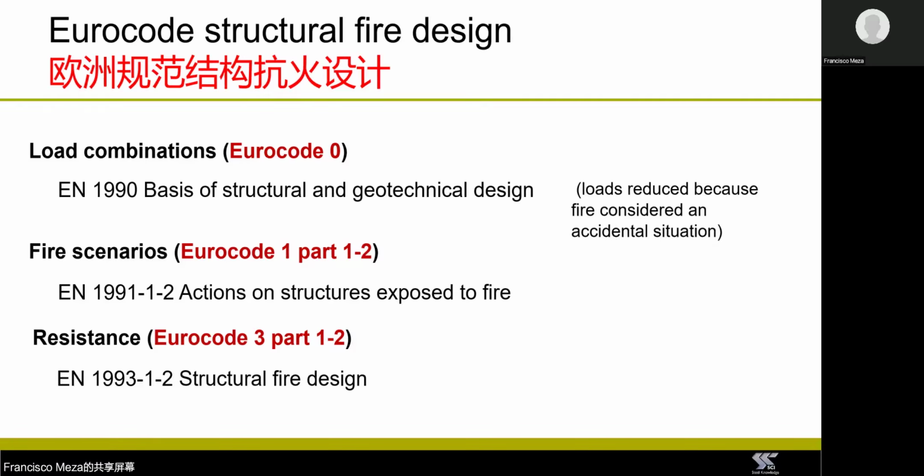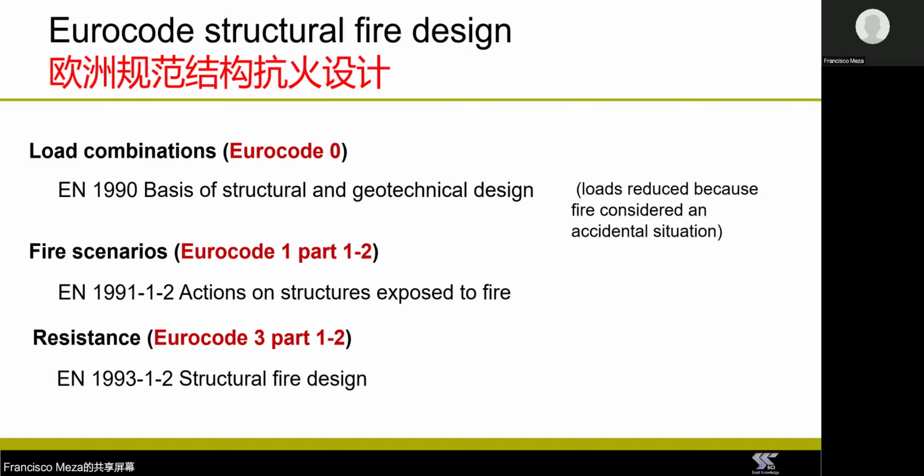When carrying out the fire design of steel structures in accordance with the Eurocodes, there are three parts that you need to look at. We have Eurocode 0, which tells you which load combination you should use for your fire situation.